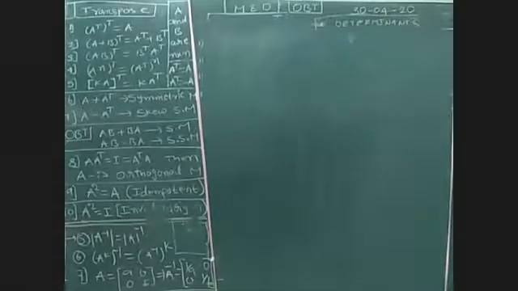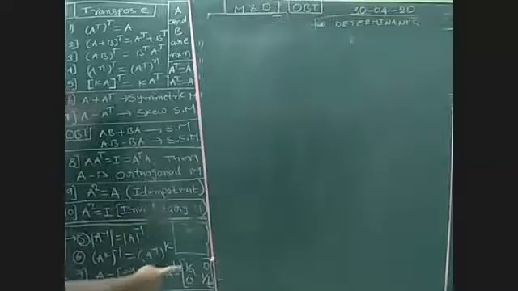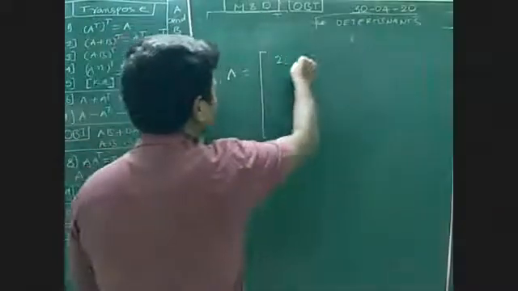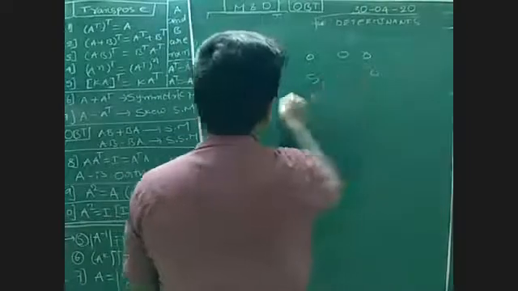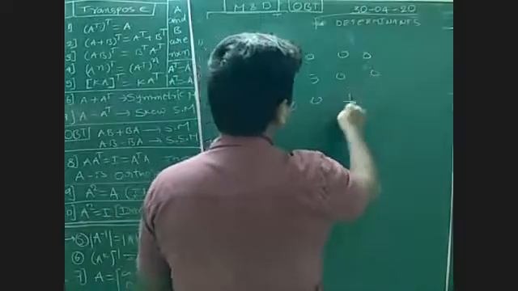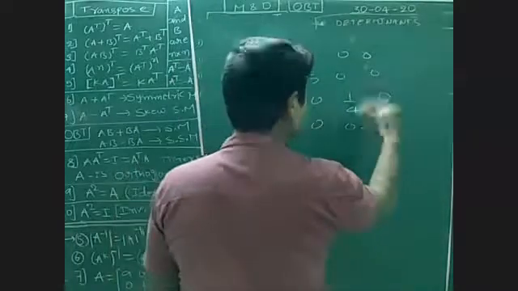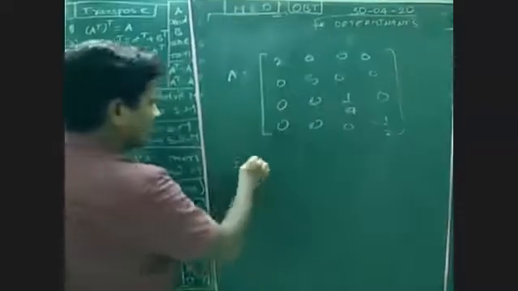Whenever the given matrix is a diagonal matrix, for example, they give the matrix 2, 0, 0, 0, 0, 5, 0, 0, 0, 0, 1 by 4, 0, 0, 0, 0, minus 1 by 2, and they ask what is A inverse.